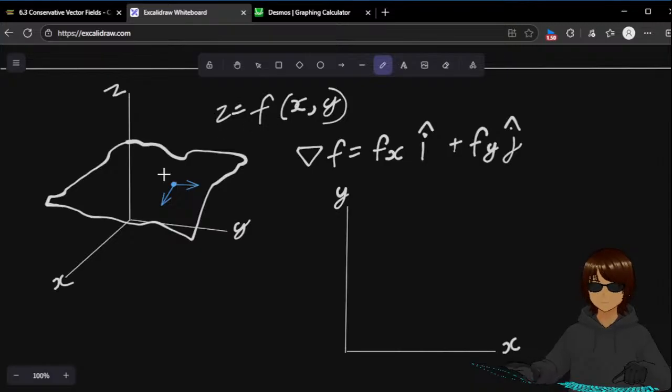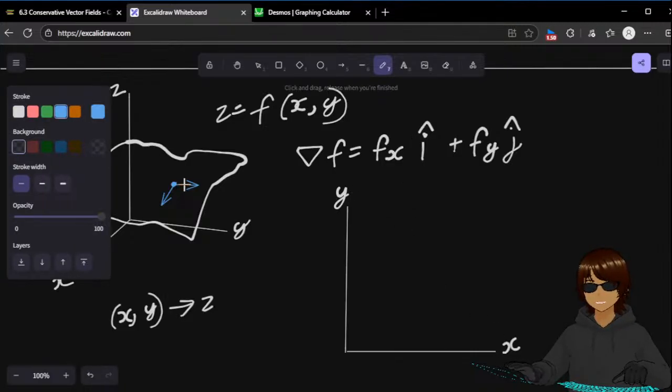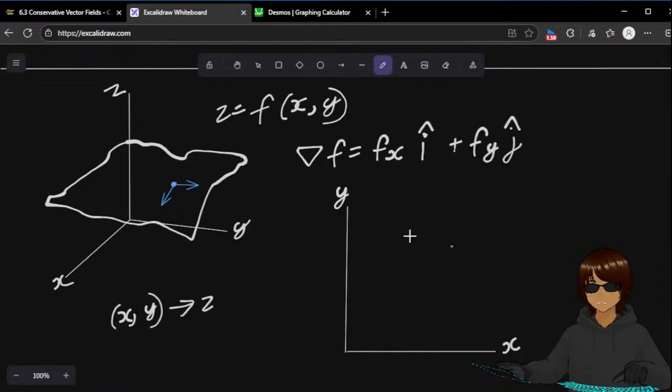Since f is a function, there won't be two values for a particular (x, y). So for every xy input, there will be a unique z output, and we can display the gradient of f in just the xy plane.